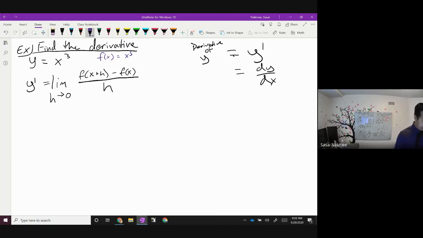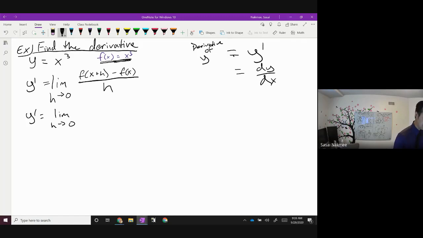So how do you calculate this? How do you simplify this out? We just start plugging stuff in. You ready? We just start plugging stuff in. So I would say that y prime is equal to the limit as h approaches 0 of f of x plus h. Well, the f function that we're dealing with is x cubed.